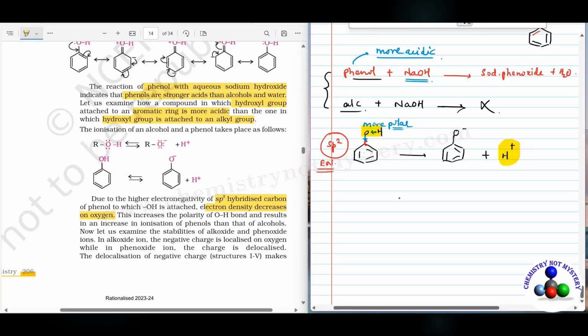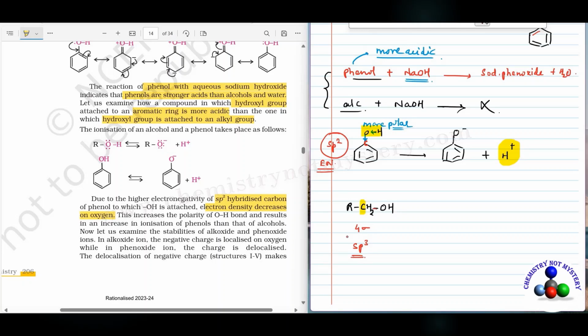While in case of alcohol, this is RCH2OH. Here the carbon to which the hydroxyl group is bonded has formed 4 sigma bonds, and for the formation of 4 sigma bonds, hybridization will be sp3. And I told you earlier, sp3 hybridized carbon is least electronegative, so it won't be able to withdraw electron density from the oxygen.